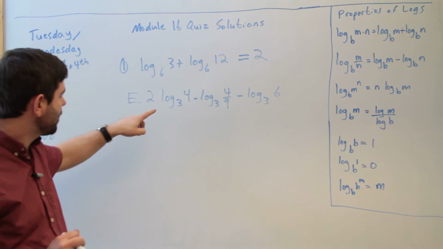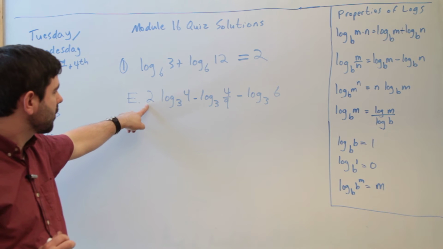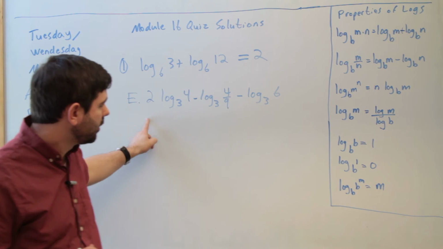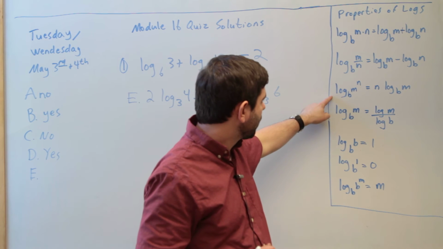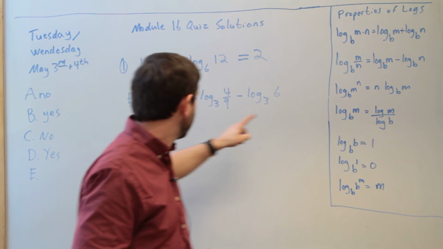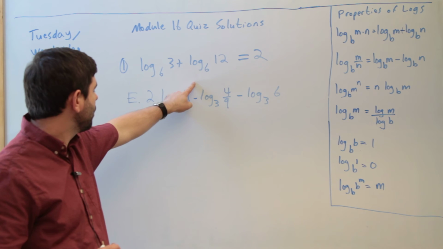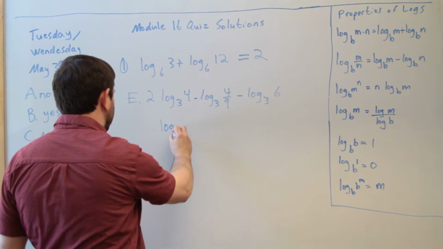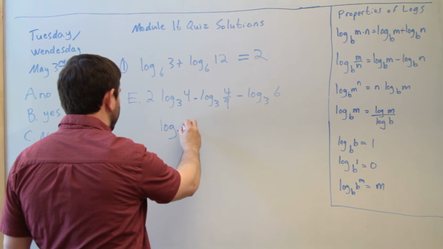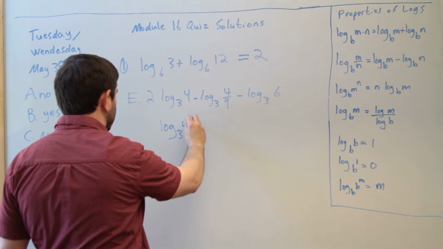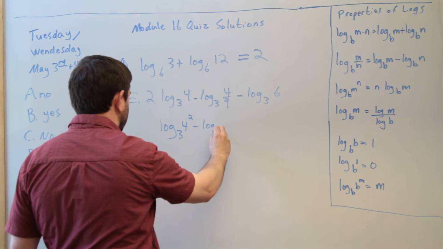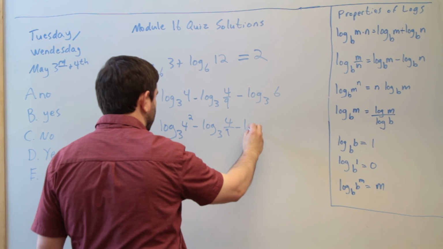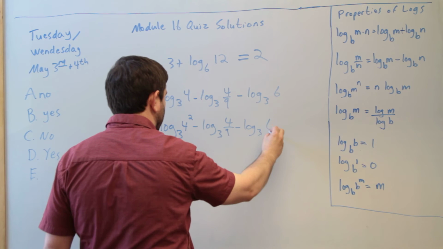Another strange thing is this 2 out front. Well, I wonder if we could use the power rule and go backwards, putting this n out front. So put this 2 as the power of the 4. And that may help us here. Log base 3 of 4 squared minus log base 3 of 4/9 minus log base 3 of 6.